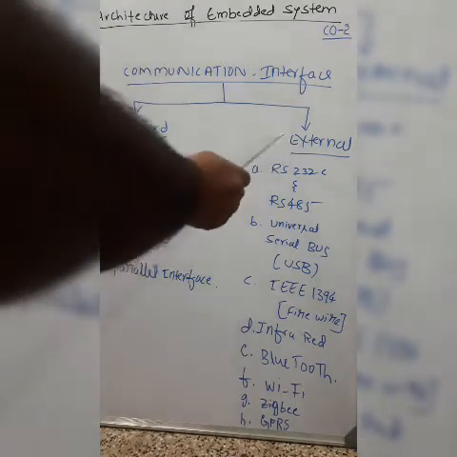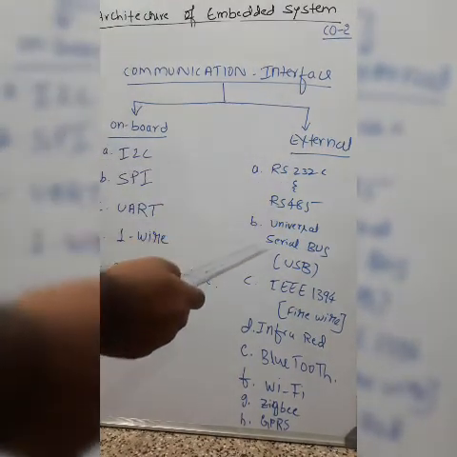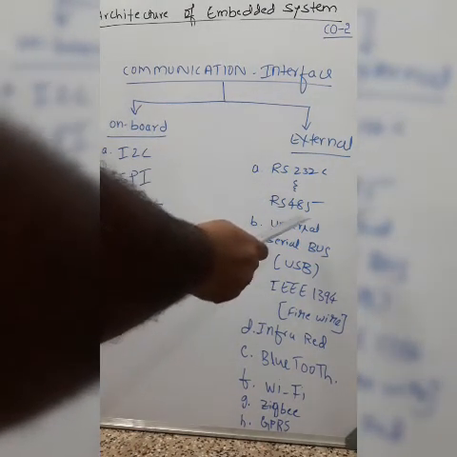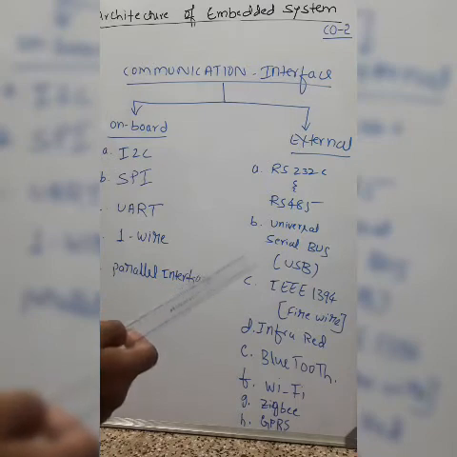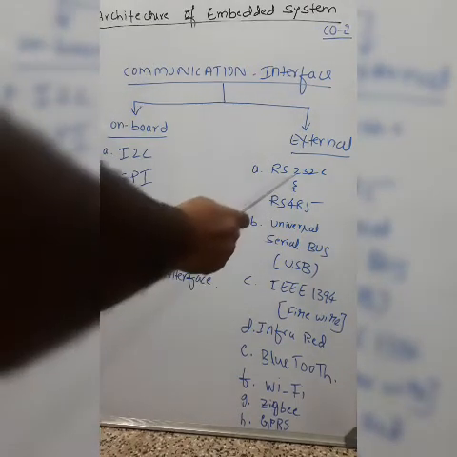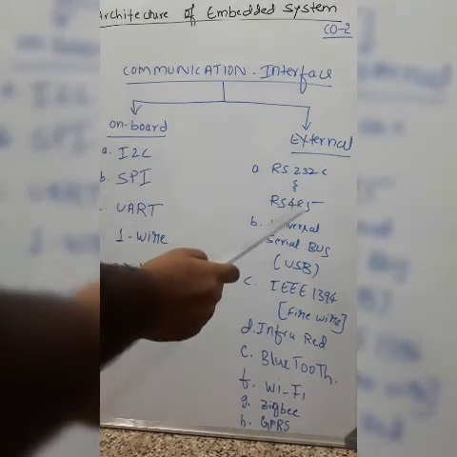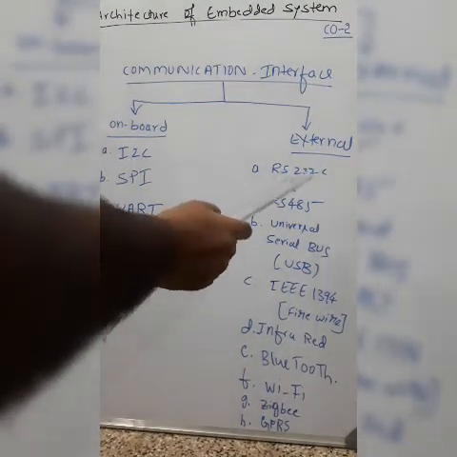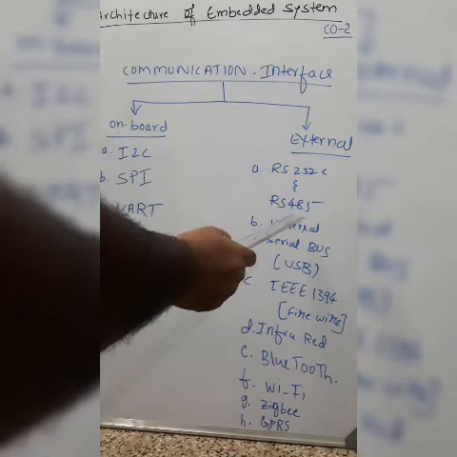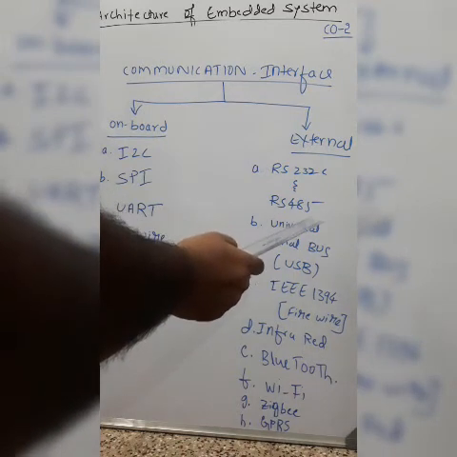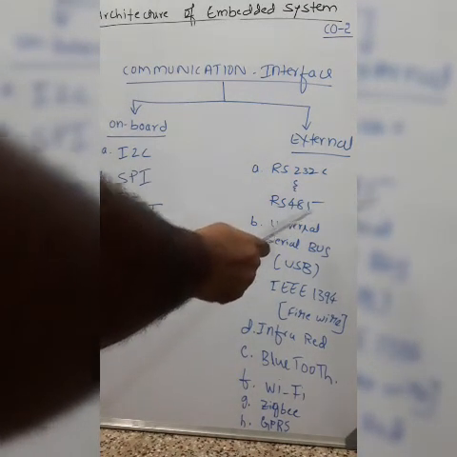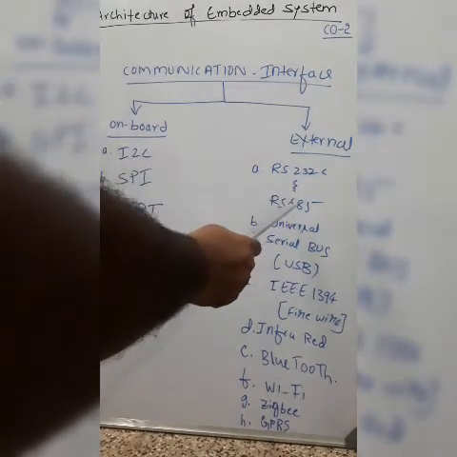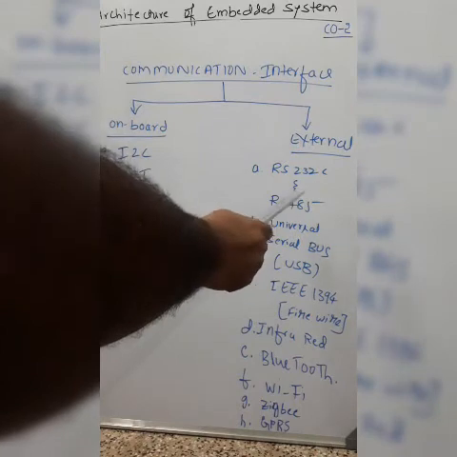Coming to the external communication interface, we have RS-232C and RS-485. RS indicates recommended standard. RS-232C is a full duplex, wired, that means physical connection is there for this type of interface, asynchronous, serial communication interface. It uses connectors like DB9 or DB25.